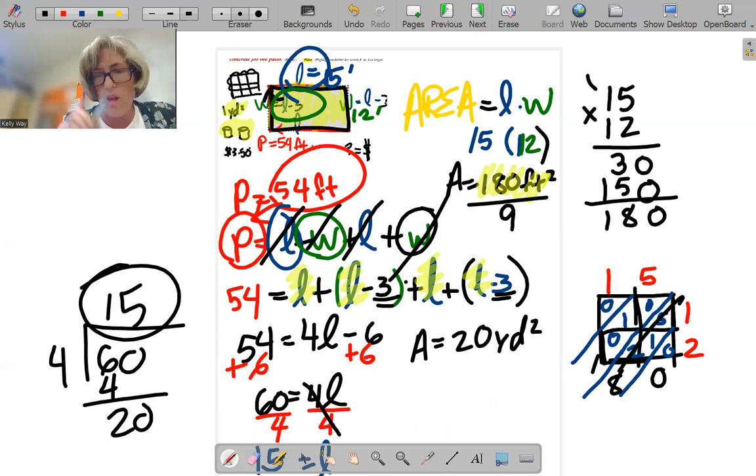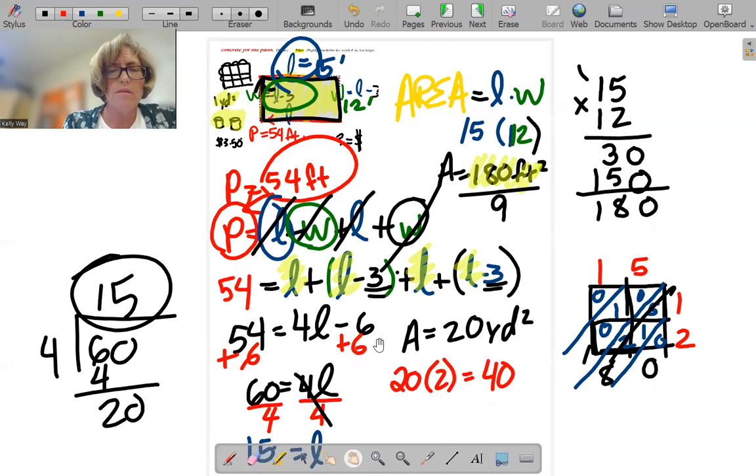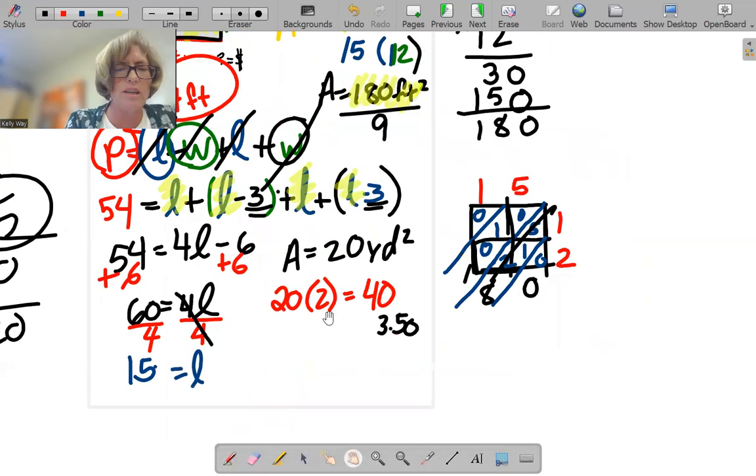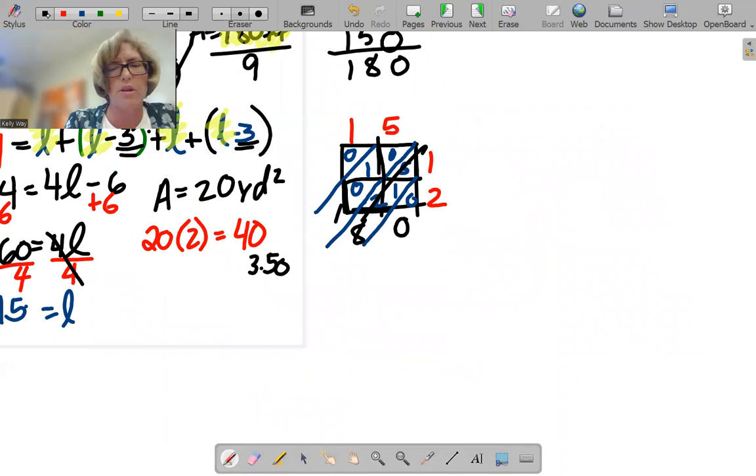For every 1 yard squared, I need 2 bags. So I do 20 times 2. I need 40 bags of cement at $3.50 each. No, you may not use a calculator.